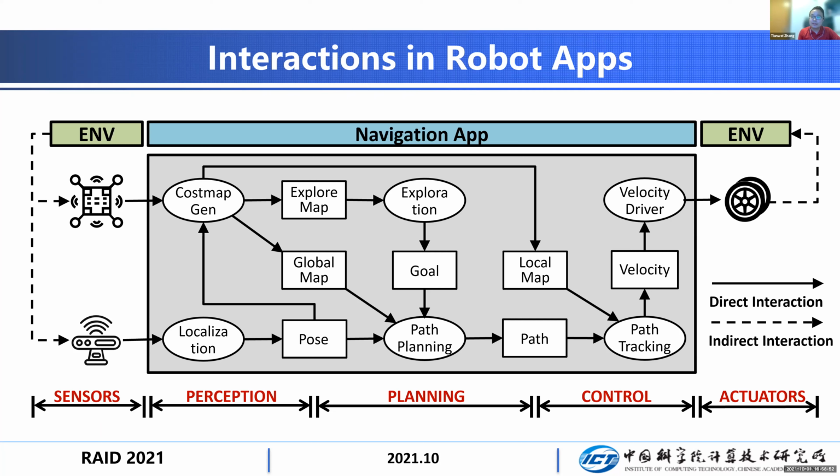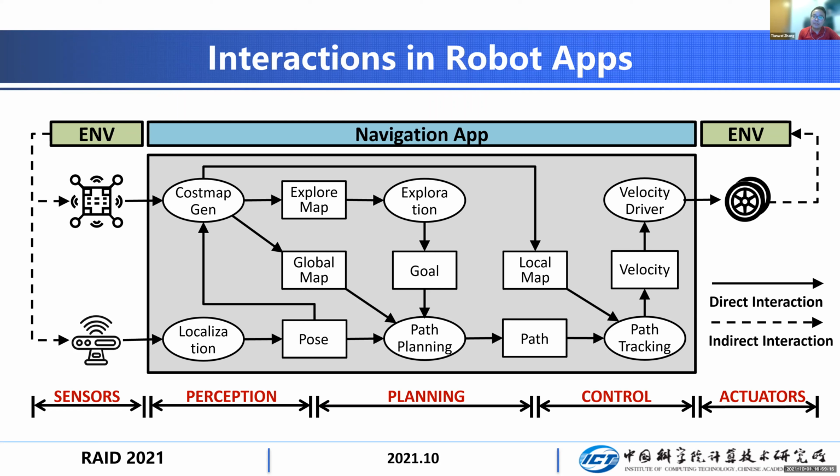The second category of interaction is called the indirect interaction, which is denoted as dashed arrows in this figure. In the indirect interaction, the nodes involved do not have direct connections. Instead, they use the environment as an intermediate state to affect each other.